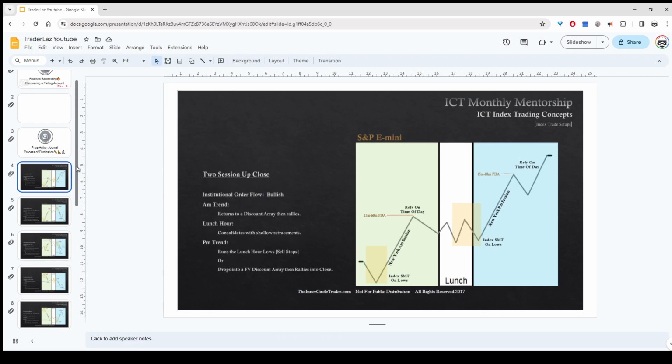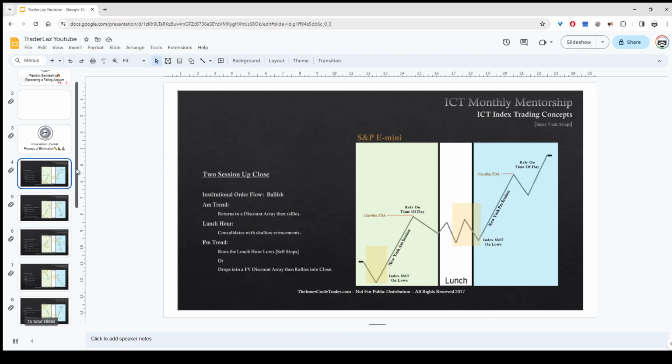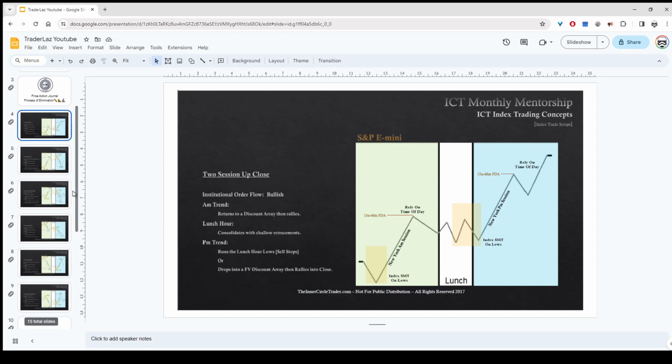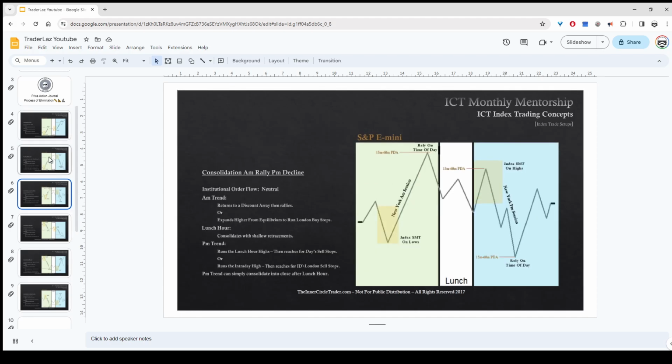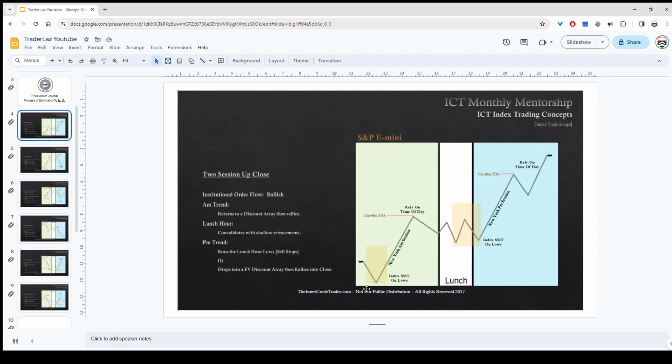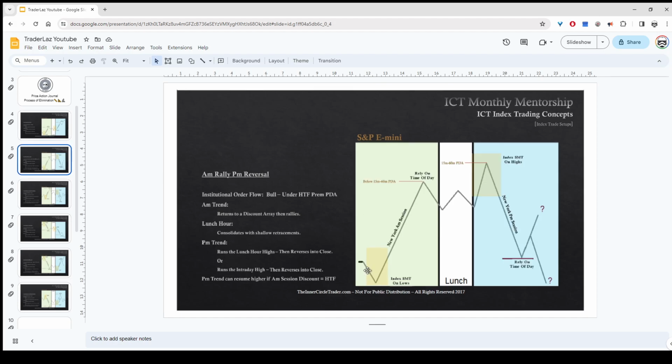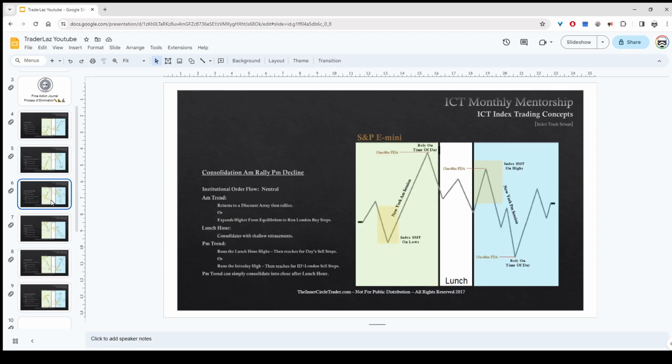In month 8 and month 10, ICT takes us through different profiles. There are only 6 intraday profiles, and in fact there's only 3 profiles for both an AM rally or an AM decline. So the first one, AM rally into a PM rally, AM rally into a PM reversal, AM rally into a consolidation.